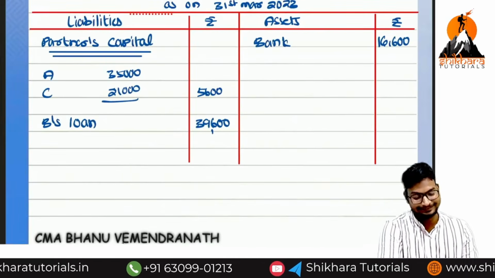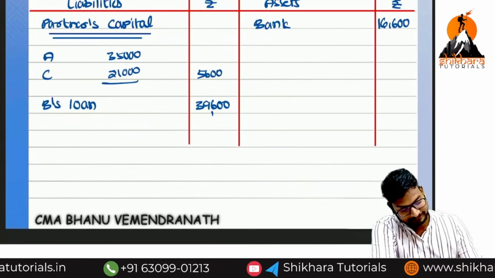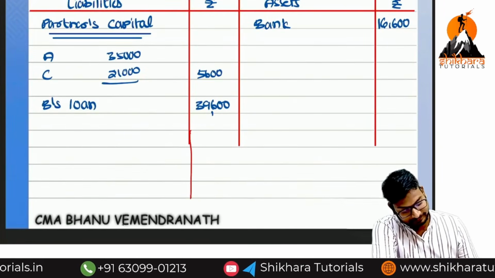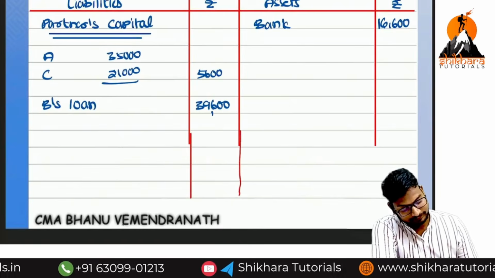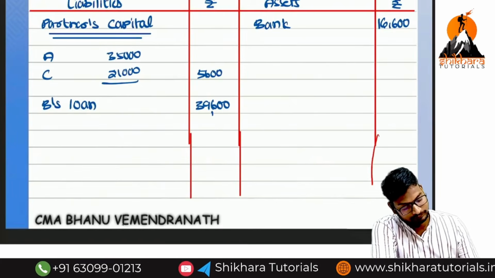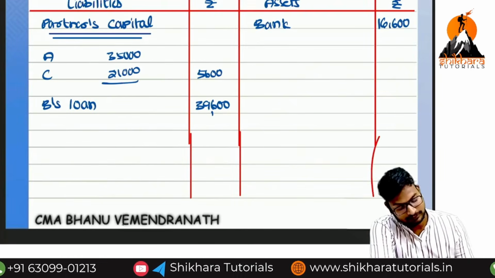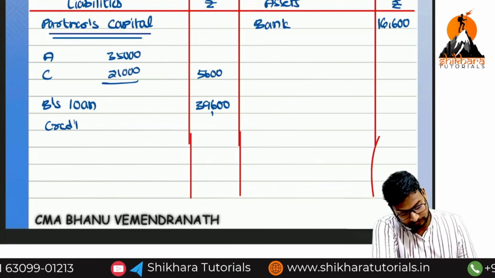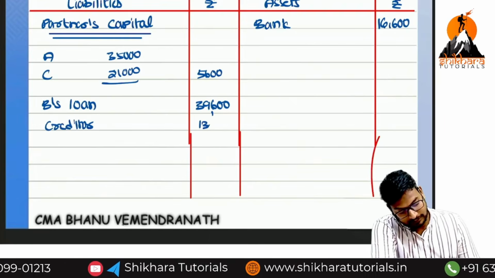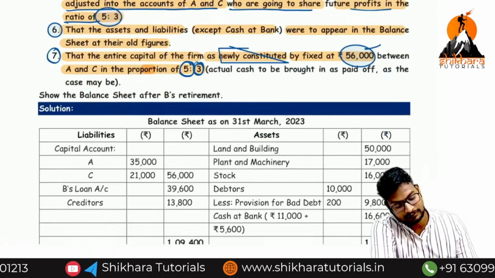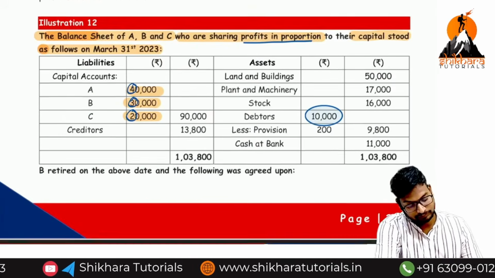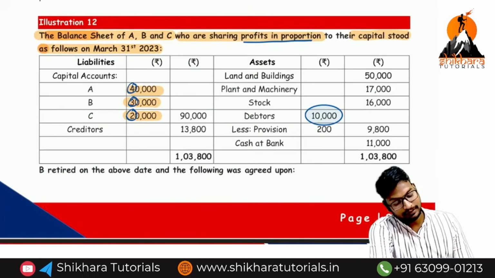So creditor how much? 13,800. What are the remaining values? Land and building 50,000.